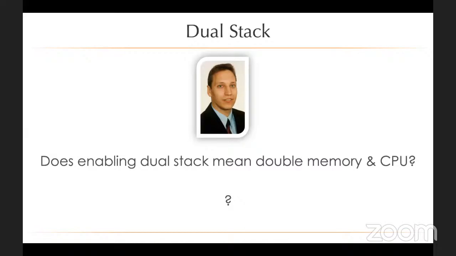Now, if you look into the cost of the stack today, in terms of memory consumption, it's no more than 20 kilobytes, okay? So it's really a small stack today. If you have a dual stack, actually it's not doubling it, because it's what we call a hybrid stack.